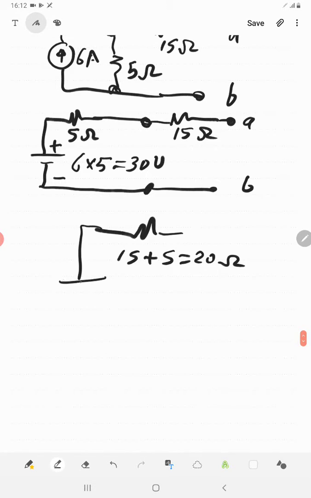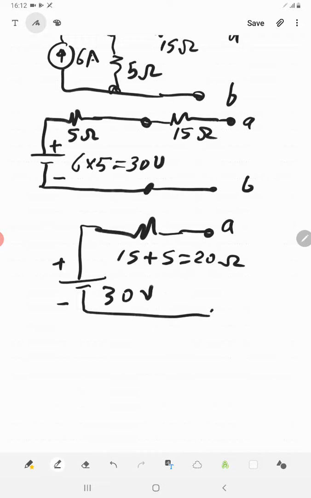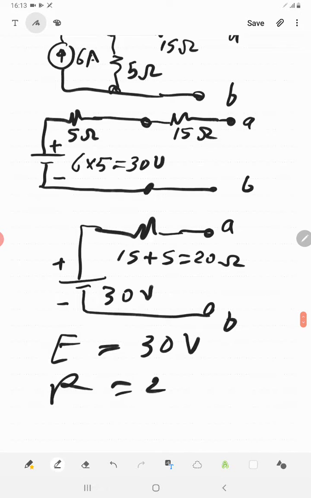And we have the voltage source plus minus 30. So this is A and this is B. Therefore, E is equal to 30 volts and R is equal to 20. So we simplify the circuit using source conversion.